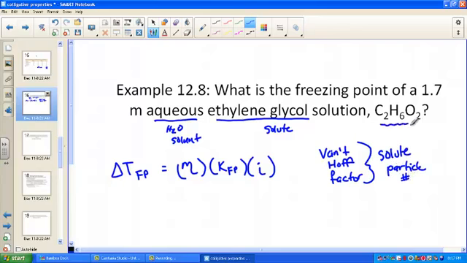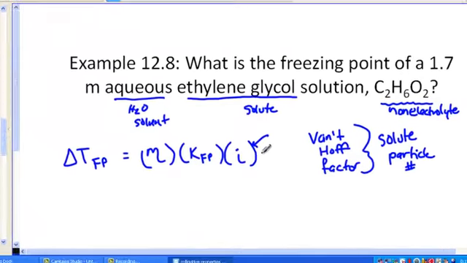Now notice here, it's not really important right now, but it just lets me see the lesson when it is. C2H6O2, well, that's a non-electrolyte. A non-electrolyte means it doesn't dissociate. The van 't Hoff factor will be 1. One particle remains intact. But it's just a habit. You'll always see me write molality times the K constant times the van 't Hoff factor, even if it's a molecule, because it's a good habit to form. This will not be 1 for any kind of ionic salt, but for molecules it will be a 1.